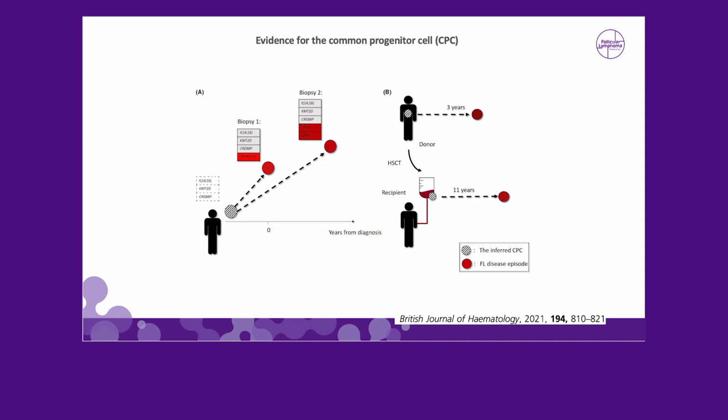On the left, you see an example of a patient where at diagnosis, biopsy number 1 was taken and the DNA was sequenced. You see that there are 3 mutations in light color and 1 in red. And then 7 years later in relapse, another biopsy is taken. And you see that there are 3 mutations, including the exact breakpoint in the 14-18 translocation.